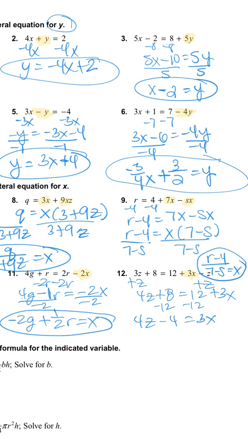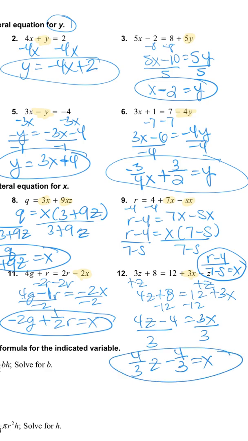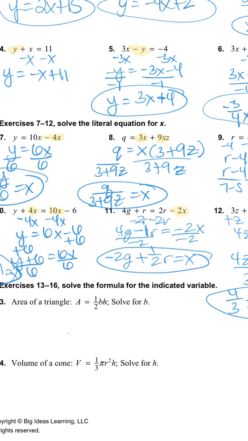Positive 8, negative 12. 12 is larger. We end up with a negative value, and 12 minus 8 is 4. Here to separate, we're going to divide by 3. So 4/3 z minus 4/3 equals x. So split that up.